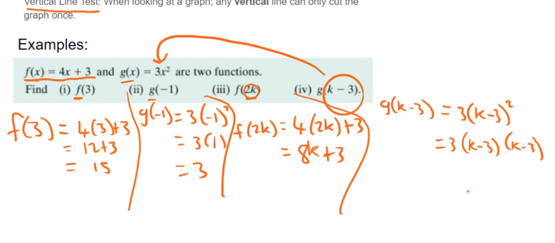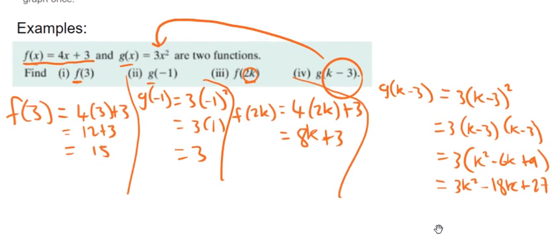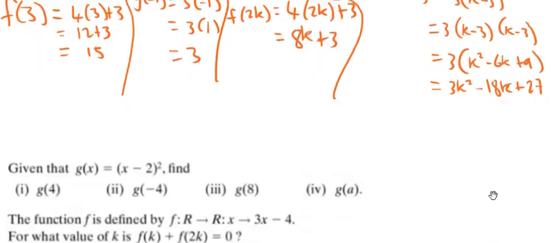Whatever way you've done that before, we'll leave the 3 there for a second, and then k squared minus 3k minus 3k, that's -6k plus 9, and then multiply all that by 3, it's going to be 3k squared minus 18k plus 27. So that's g of k minus 3. For this one, it didn't really ask you to do it all out like that, but that's how you would simplify it anyway.